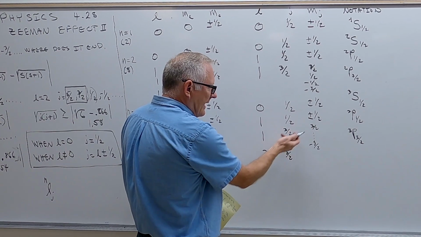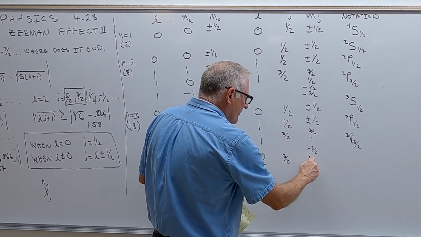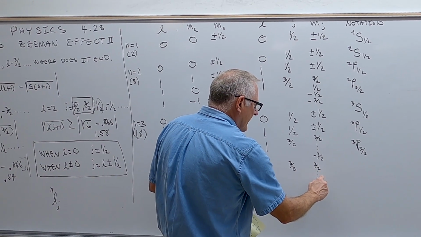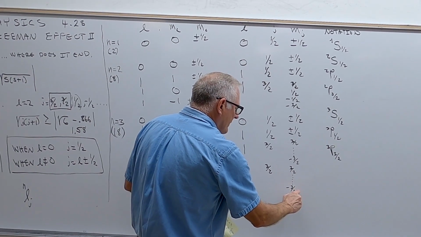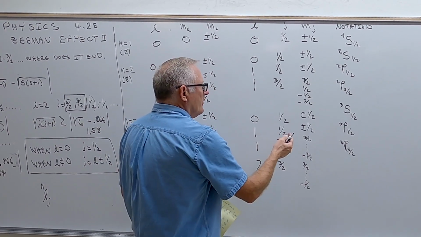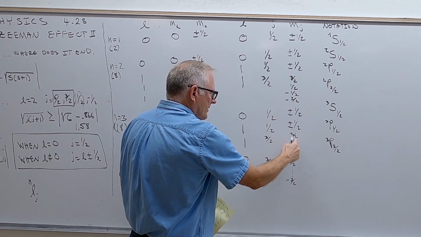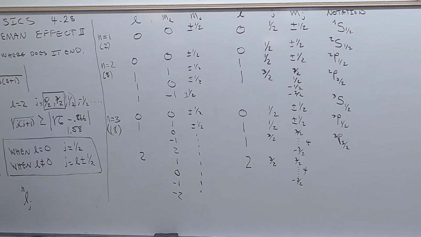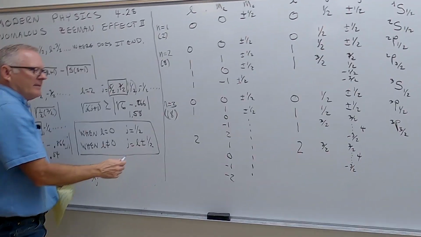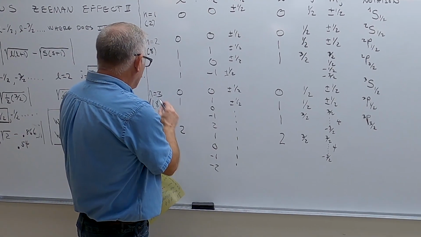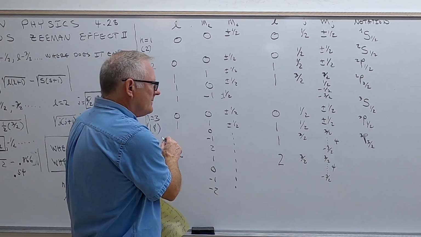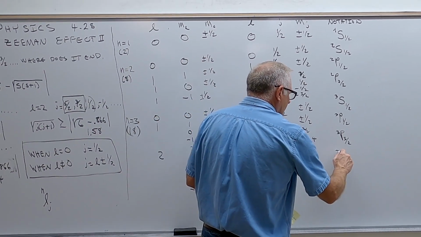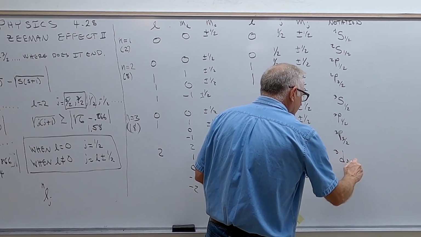When J is 3 halves, we get all these states, 3 halves all the way down to minus 3 halves. How many does that give you? 1, 2, 3, 4. There's 4 states there and there's 4 states there. Okay, and those would have been the 3D 3 halves.